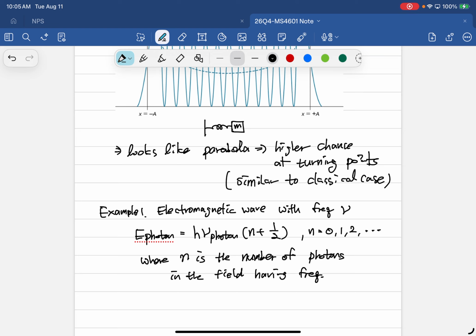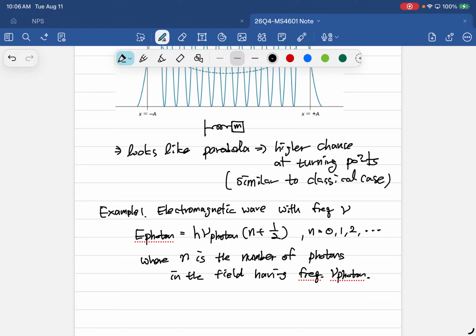Probably many of you have heard about a photon, right? A photon is related to the electromagnetic wave, and the simplistic way of defining a photon is quantized energy in an electromagnetic wave. That is related to the harmonic oscillator.